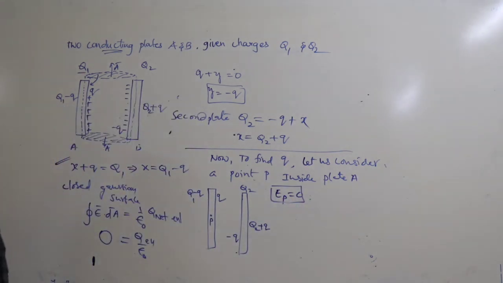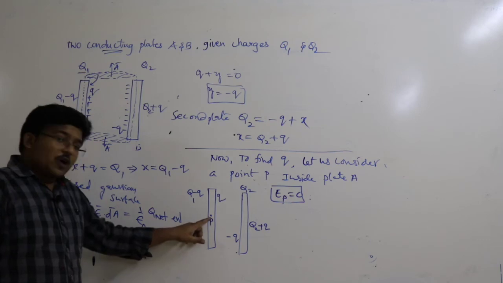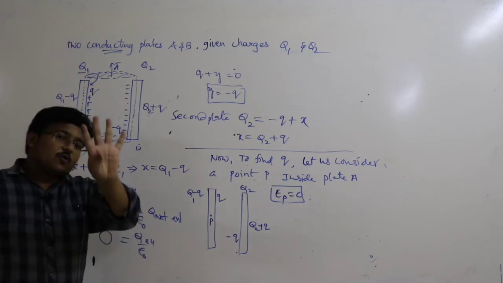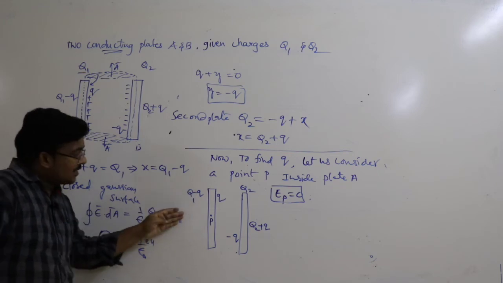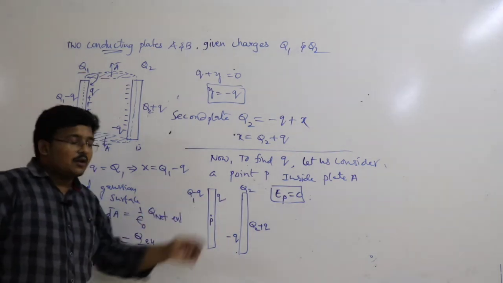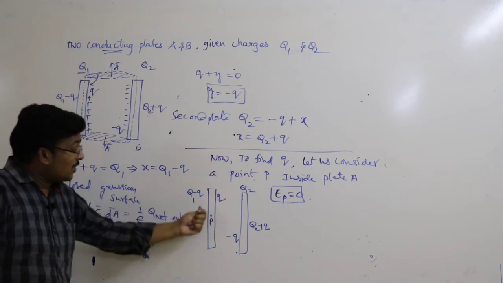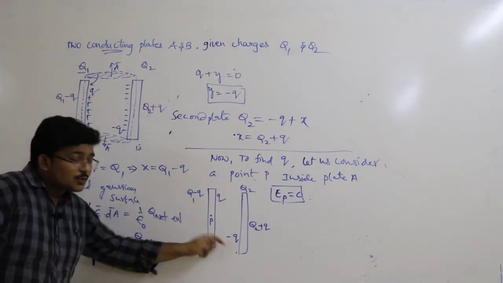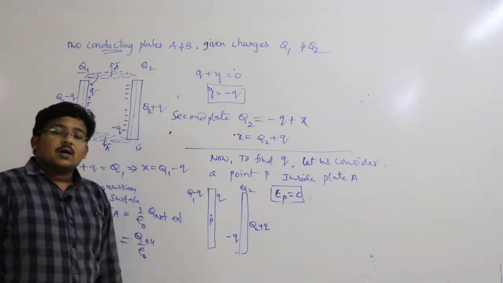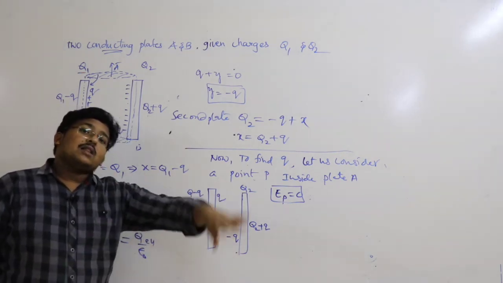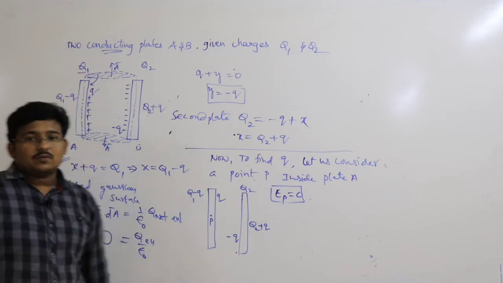Right. Now what I will take is, at this point P, the field is because of 4 charges. See, on this surface charge is there, means it will repel it, means field will be there, and this q will have some field, this minus q has some field, this Q2 plus q has some field. Sum of all the fields must be 0.